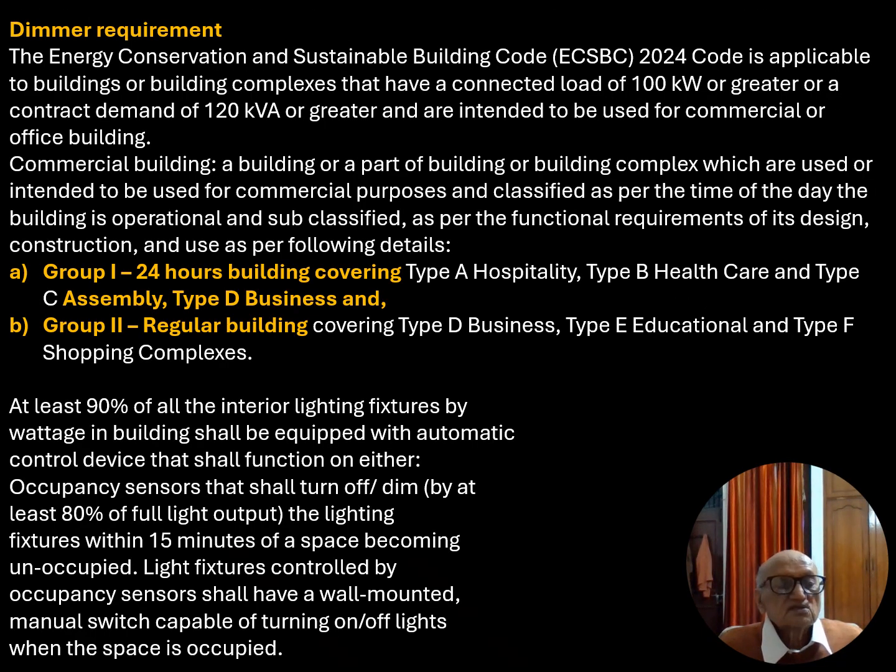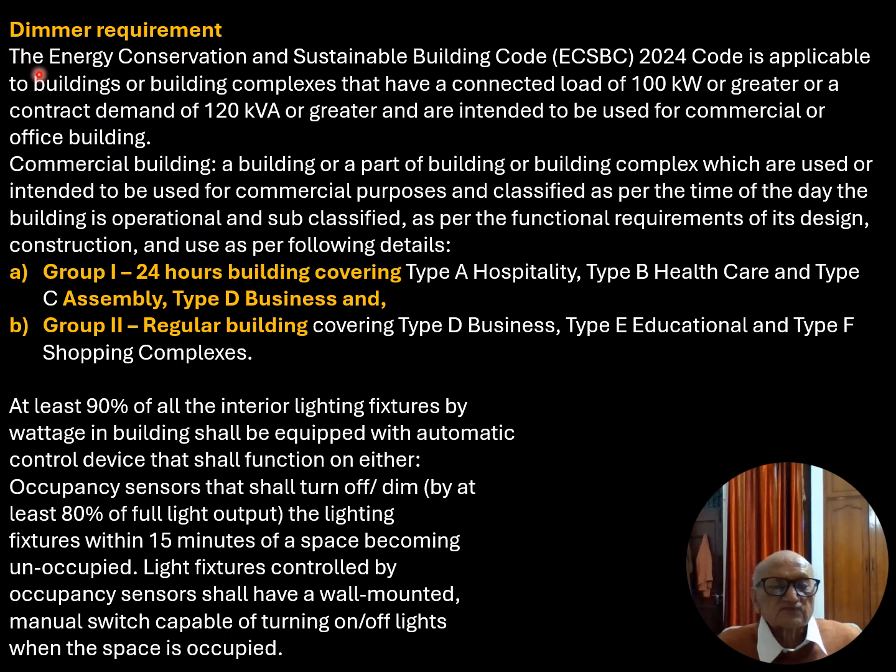Friends, now I will let you know what is a dimmer. Dimmer is an equipment through which we can dim the lighting output of a particular lamp to its various modes.